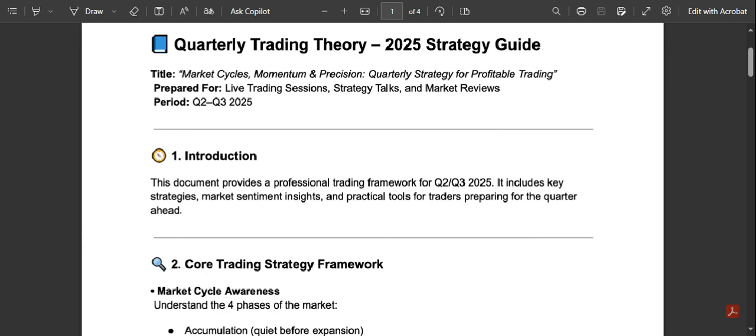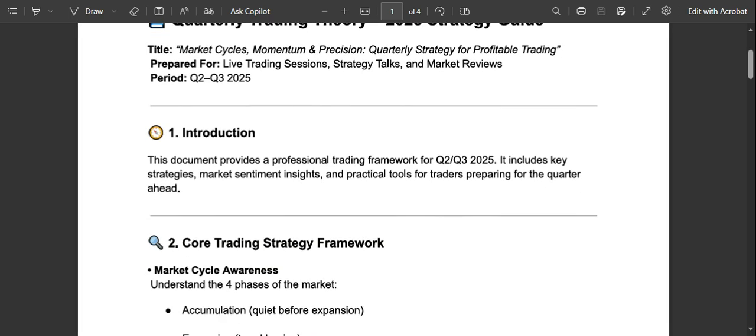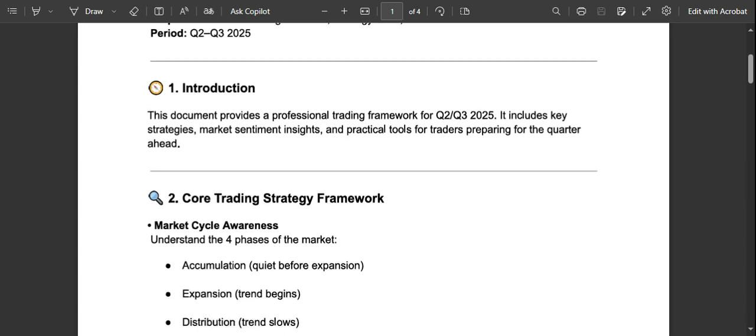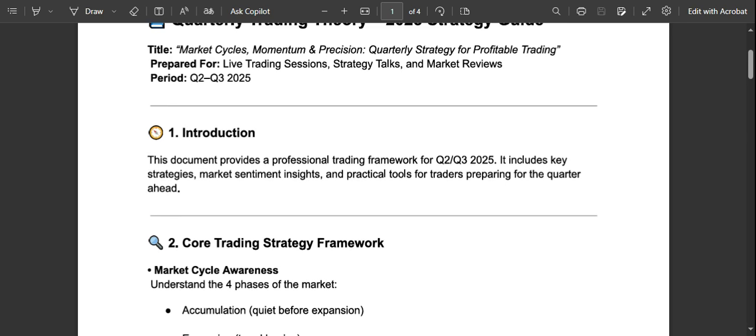Now, one may ask, what is quarterly theory? I hope by now you have come across this term on other platforms, and even if you search on Google, it gives you a lot of results. It is a framework that was developed many years ago by expert traders on Wall Street, where they used to do high frequency trading.